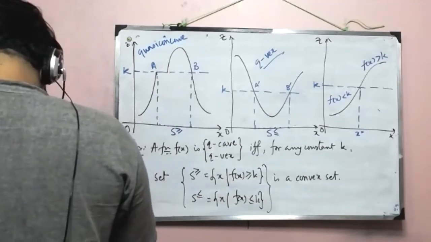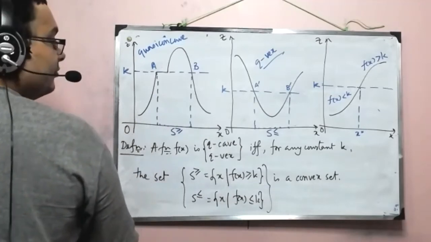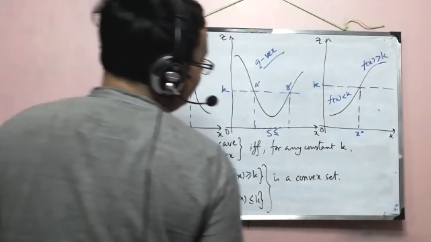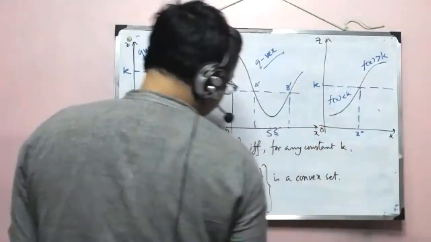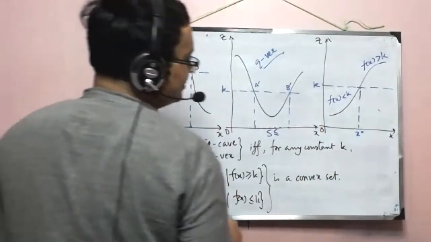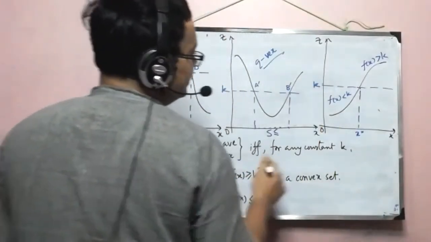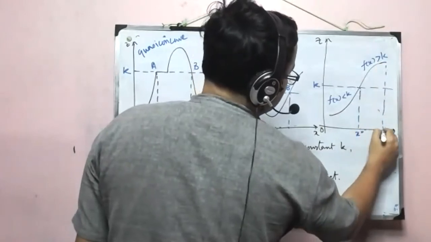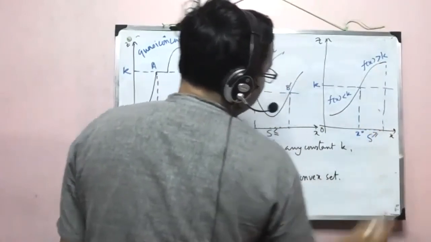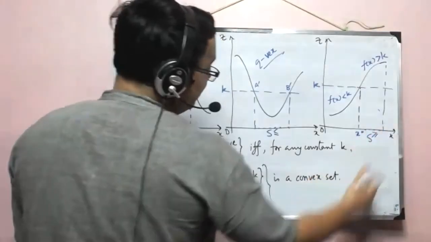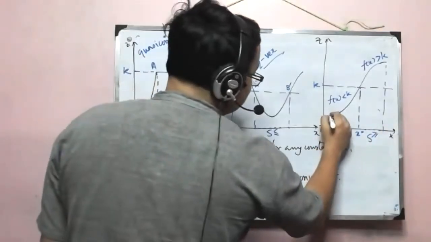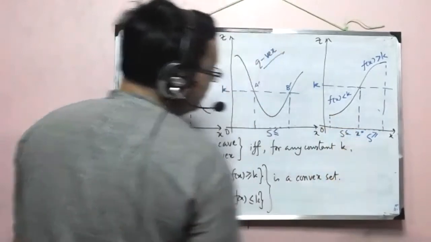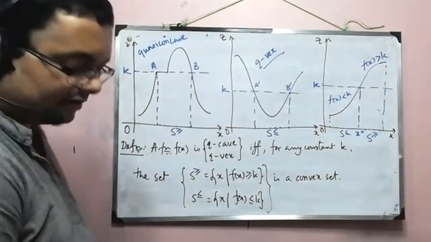Now if I collect the points for which f(x) greater than or equal to k is true, I get this part, which is our S greater than or equal to. That's convex, right? Again, if I collect this part, which is less than or equal to, that also is convex.